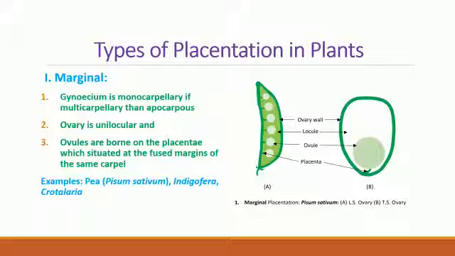The arrangement of ovules and placenta we can see in longitudinal and transverse section of the ovary as per the sketch. Examples of this type of placentation are Pisum sativum, Indigofera, and Crotalaria.